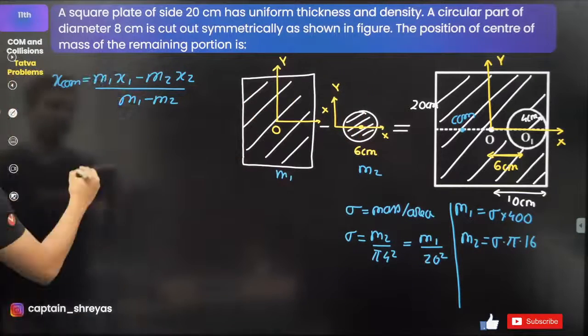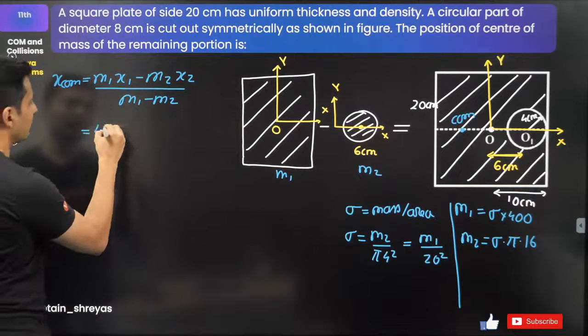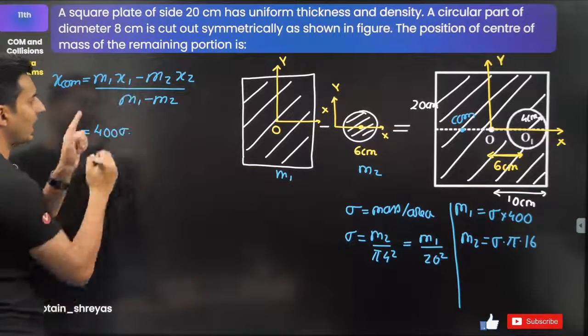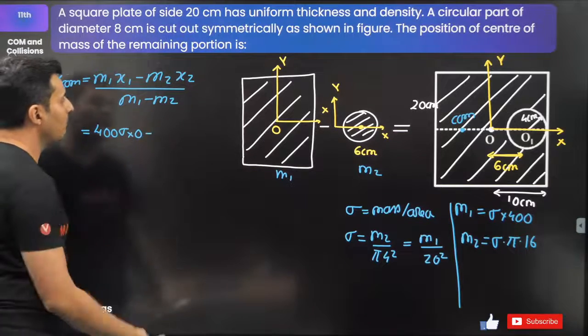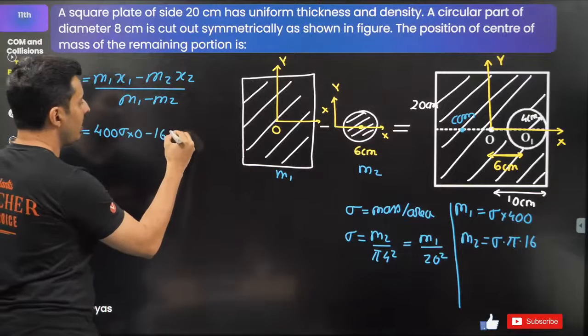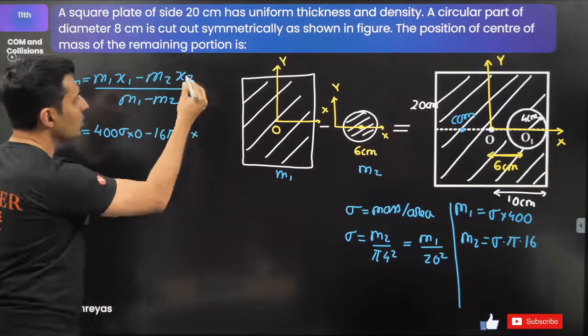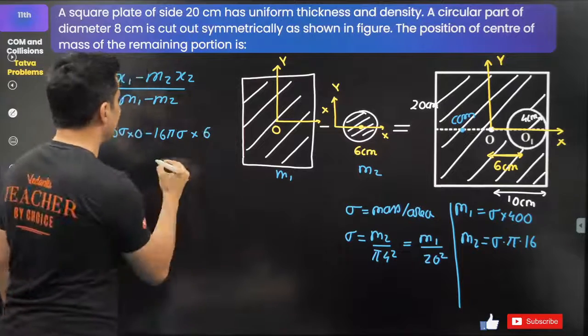Now substitute it over here. The value of m1 is 400 sigma into x1, the coordinate is obviously 0, so just put 0, minus m2, which is 16 pi sigma, into the coordinate of the second mass, which is nothing but 6 centimeters.